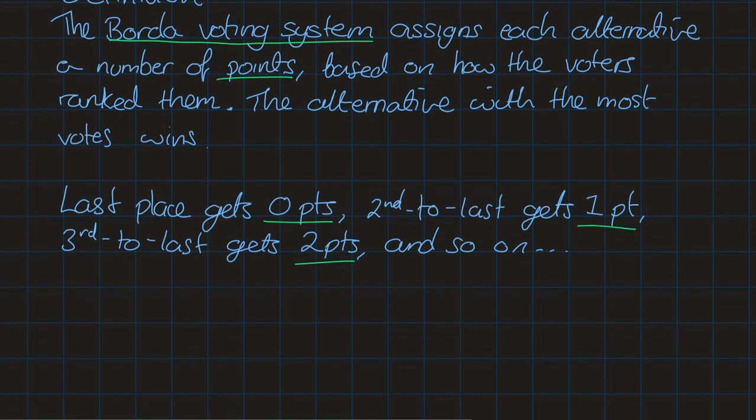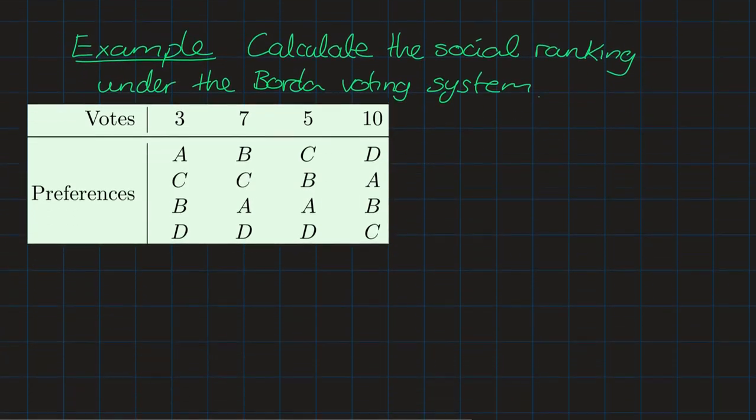Okay, so let's just do a quick example. Calculate the social ranking under the Borda voting system for this voting profile right here. The way we do it is we need to work out how many points each of these alternatives got. Let's start with A. How many points does A get?